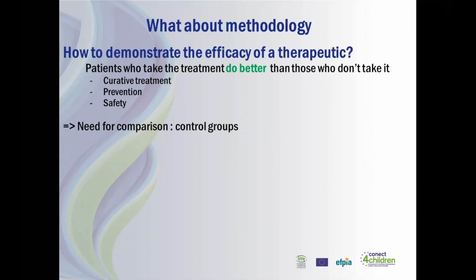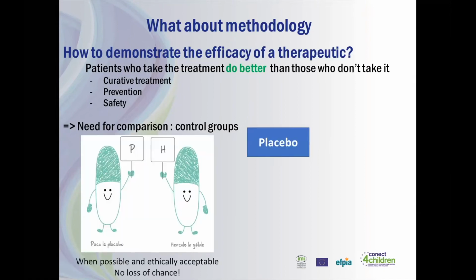So to compare, we need what we call control groups. And often we use placebo as a control. Well, we should use it when possible and when ethically acceptable. We saw that we don't want any loss of chance for the patients by using the placebo, so this needs to be considered very strictly.